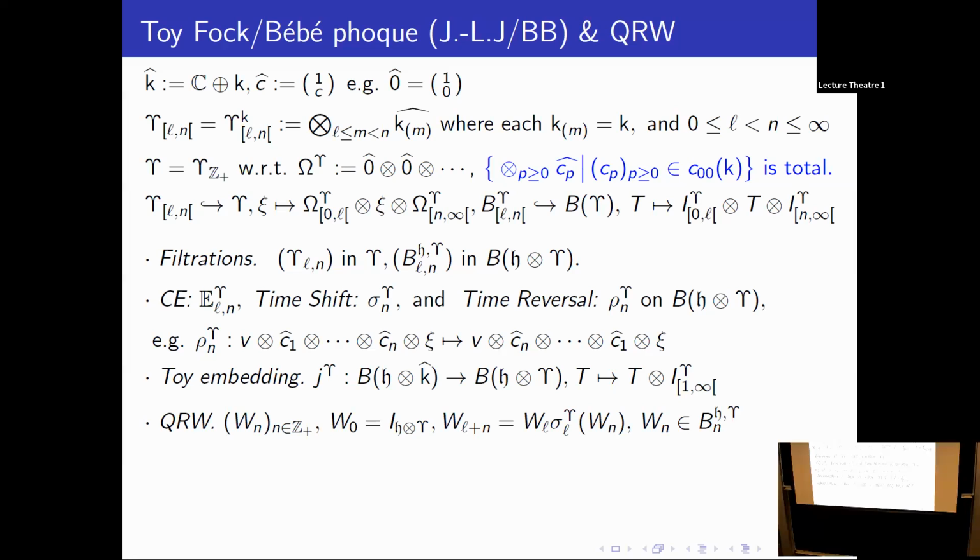And the quantum random walk, or a discrete time cocycle, is just defined in the discrete analogous way to the continuous time object, starting at the identity, and at time L plus N it's the walk at time L times the shift by L of the walk at time N. And the walk is adapted to the filtration, to this discrete filtration.